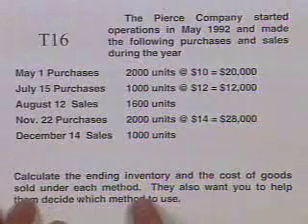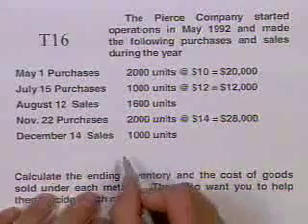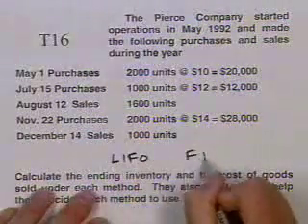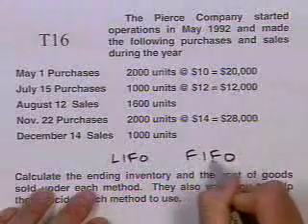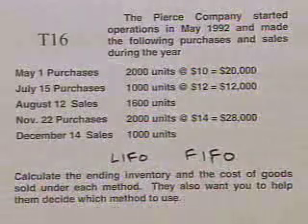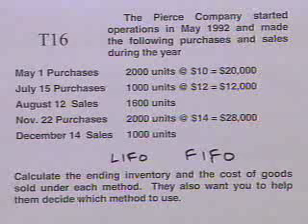Now, what are the methods in question? The two methods that we care about are LIFO and FIFO. Now, we could also conceivably do weighted average, but we'll concentrate on LIFO and FIFO in this example. Okay.